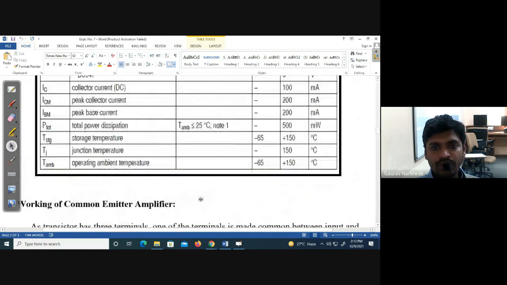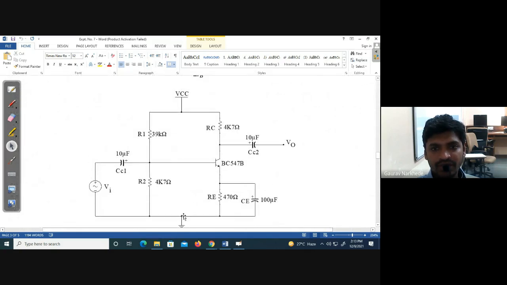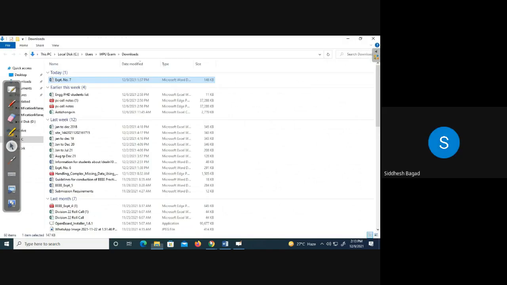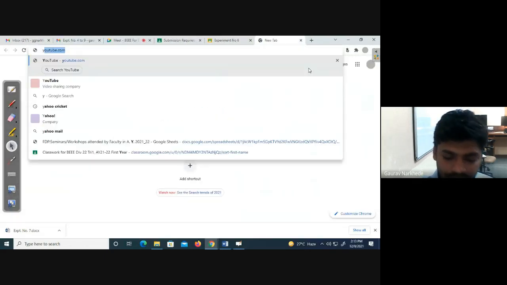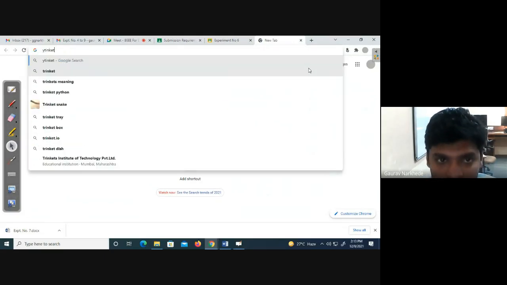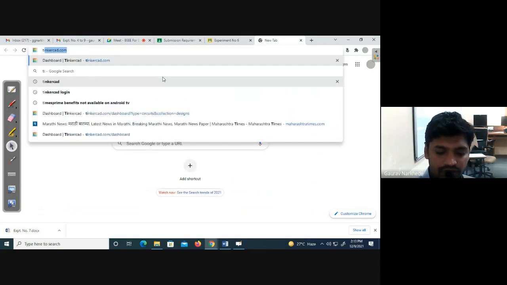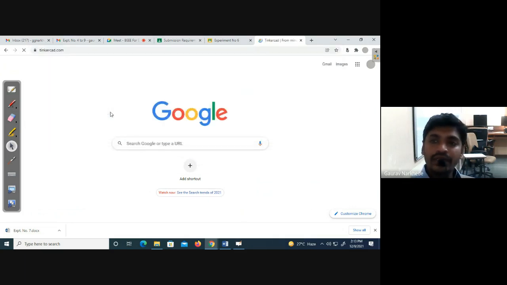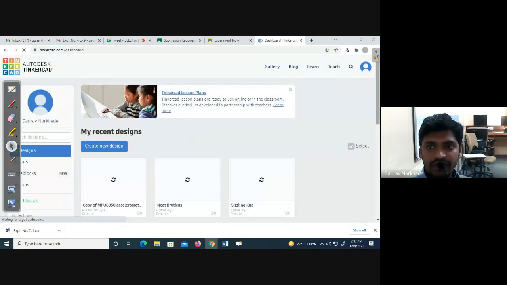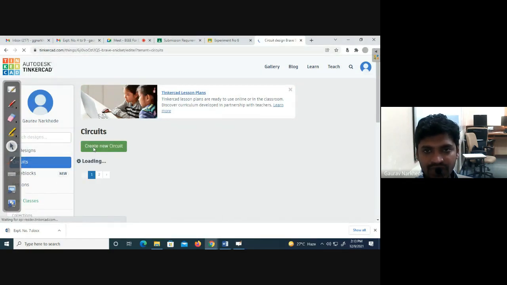So shall I give you the demo of how to build the circuit? Yes, sir. So let me start Tinkercad. I have logged in directly, and then I can go into circuits and create a new circuit, as we have seen.